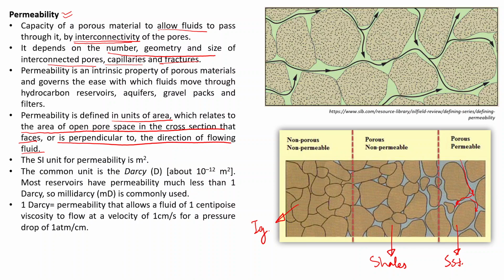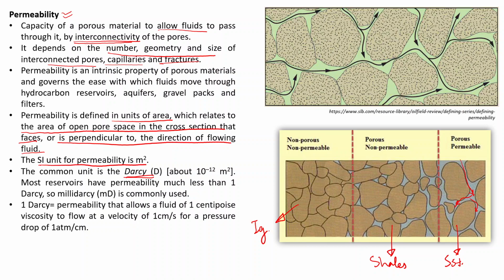The SI unit for permeability is meter square, but the more popular and common unit is the Darcy. 1 Darcy is equal to 10 to the power minus 12 meter square.